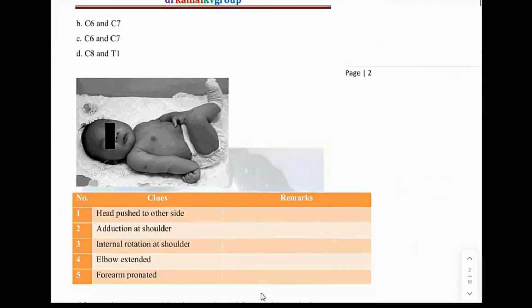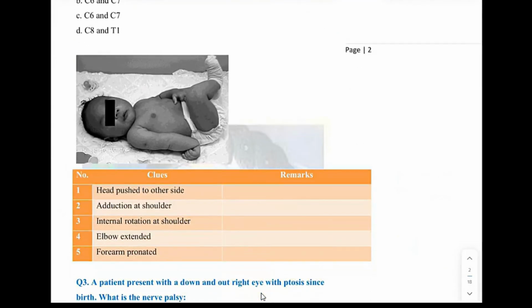If we go with the mode of injury, the head is pushed to the other side. Suppose the shoulder is here and the head is here. The head is going to one side and the shoulder is going to the other side. So there is a tractional injury at the neck.